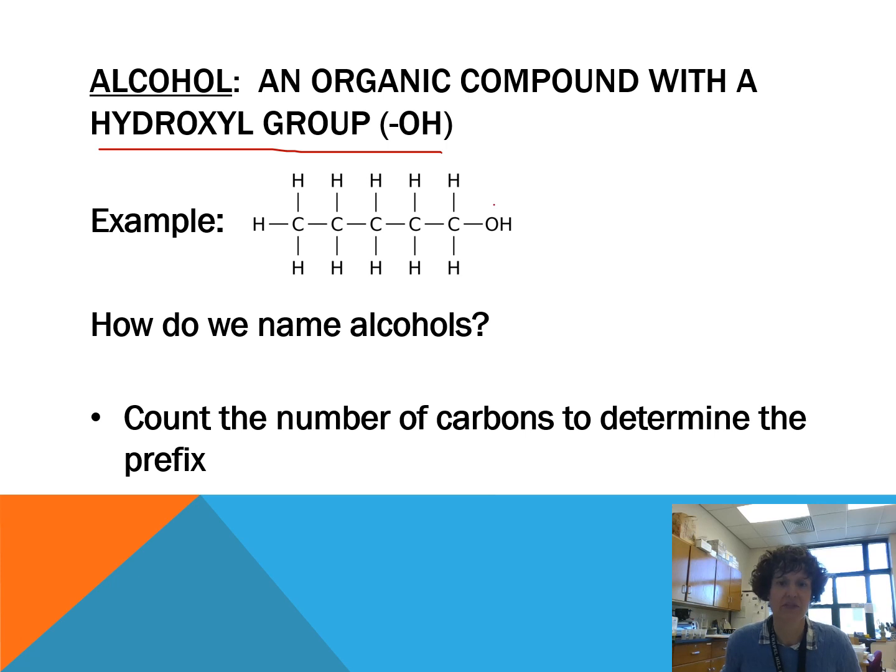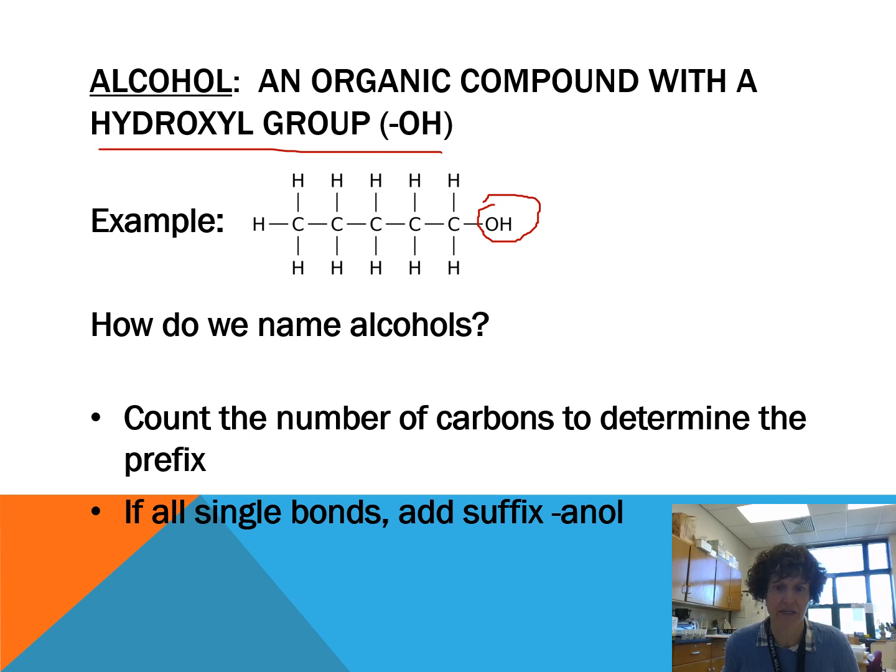And then notice it has an OH group attached to it. That OH group is your hydroxyl group, and so that makes it an alcohol. Alcohols' names end in anol. So that's going to be pentanol. Pent for the 5 carbons, anol for the hydroxyl group attached.